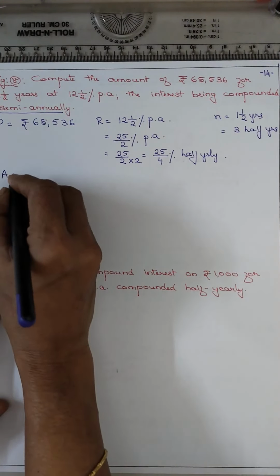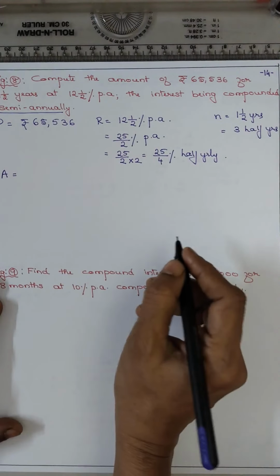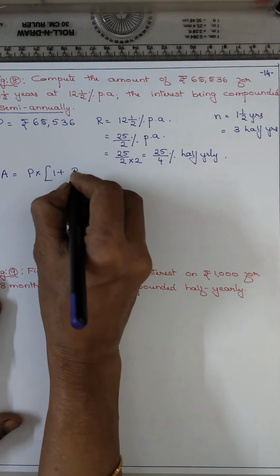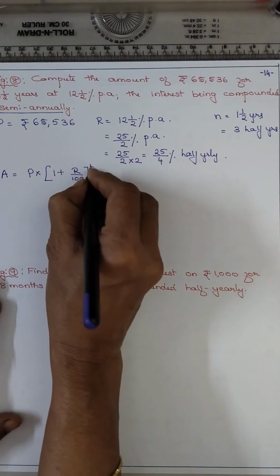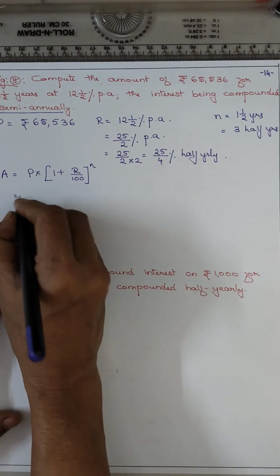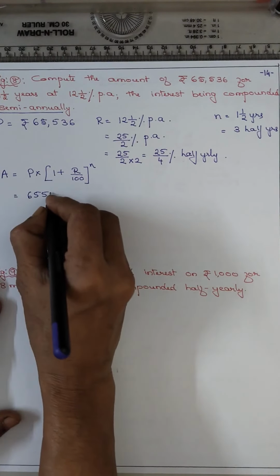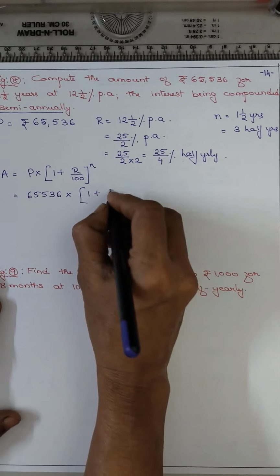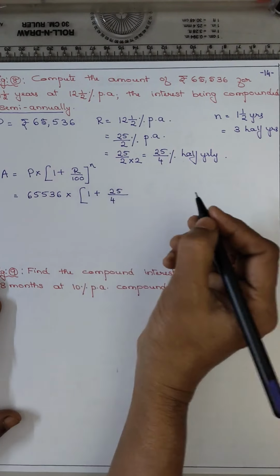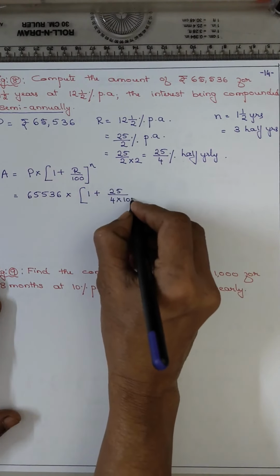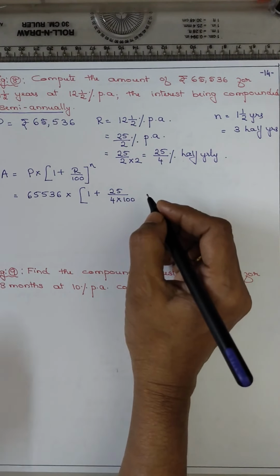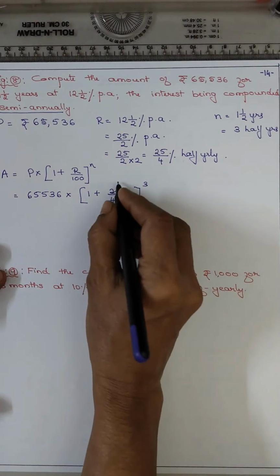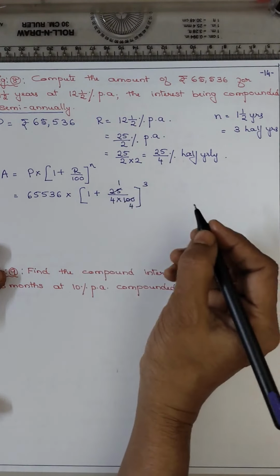So amount is equal to, compute the amount they have asked, P into 1 plus R upon 100 the whole raised to n. It is 65,536 into bracket open 1 plus 25 upon 4 into 100, in the denominator 4 into 100, the whole raised to 3. 25 ones are 25, 4s are 100.